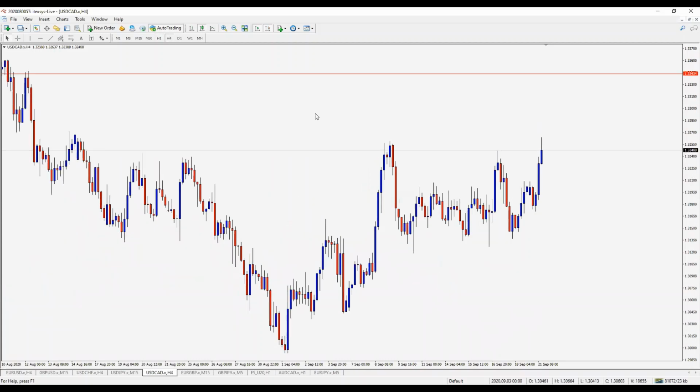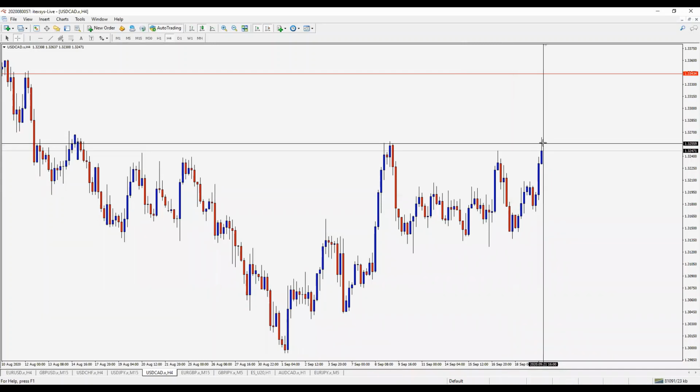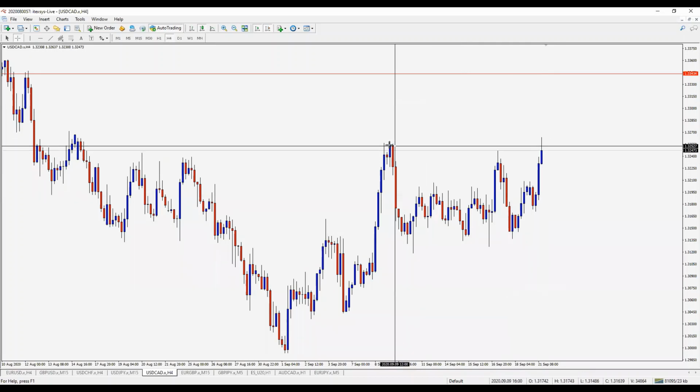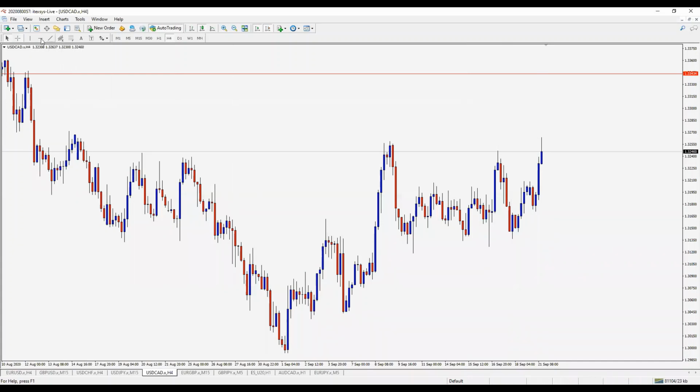The first thing I would like to see is the price breaking out all this resistance from the left, as you can see, in a more convincing way. This is not a real breakout. Maybe the breakout is a bit above this one, but I take all this area, and it seems the highest level was here in this resistance.